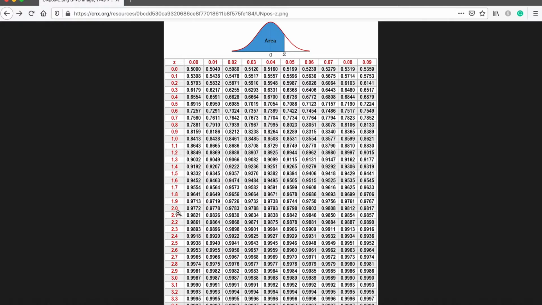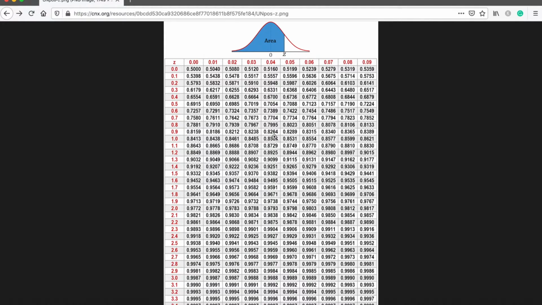So we look for 2.0 right here. Not 2.1 because we're looking for 2.01. So this is 2.0, and we go across this to find the 1. So 2.00, 2.01, 2.02, 2.03, and obviously we're looking for 2.01. So we find 2.01, and this is our p-value. So we use the table to look up our z-score so we can find our p-value.